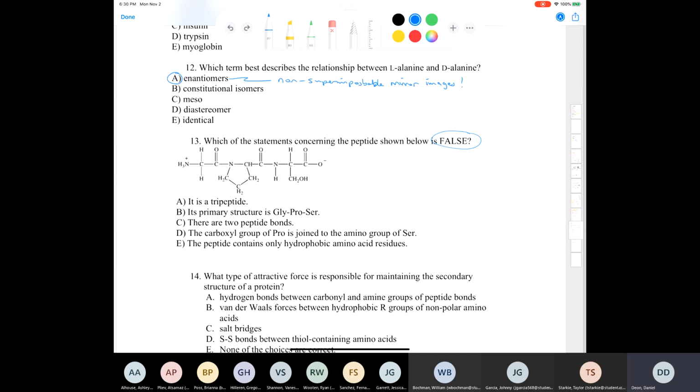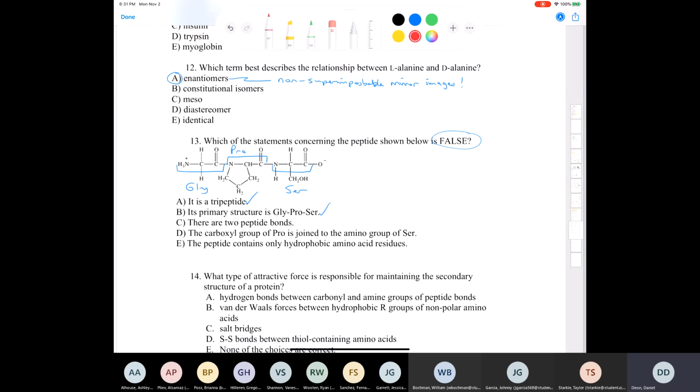So the first thing, it says it is a tripeptide. That's true, right? Because it goes NCC, that's 1, NCC, that's 2, and NCC, that's 3. So it is a tripeptide. The first one is a glycine, the second one is a proline, and the third one is serine. So this is also correct.